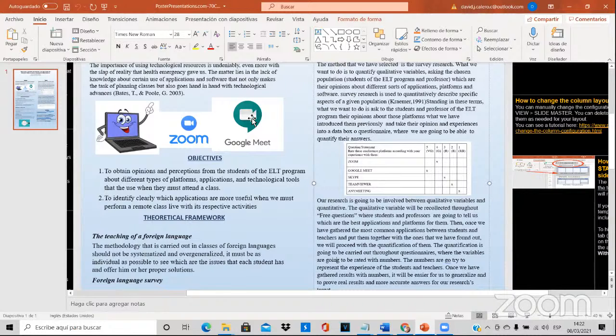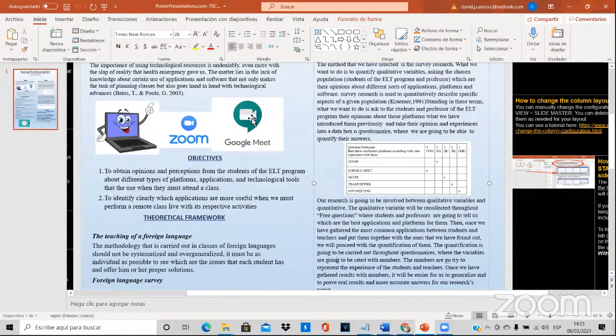It's going to be a vital part of the final information. So that is what we want to do, actually, to know their opinions. Okay, I got what the professor said. I think that using the opinions and perceptions, we can know which applications, technological tools and platforms are best.